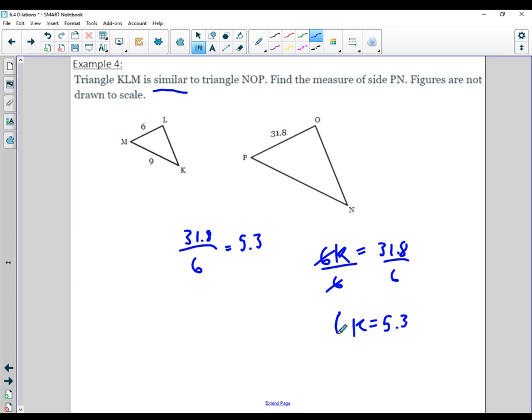So what you do when you find your scale factor is now it wants PN, and it should be proportional, right? So this side should also be scaled, just like this side was. So I need to do 9 times 5.3. Go to my calculator, and I'll do 9 times 5.3, and that'll give me 47.7.